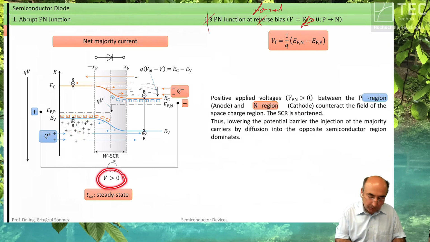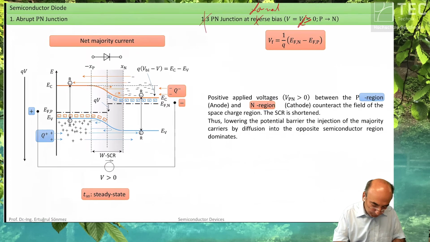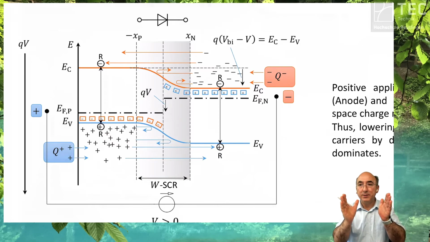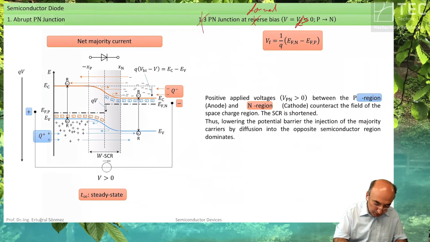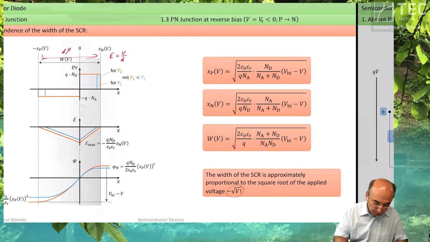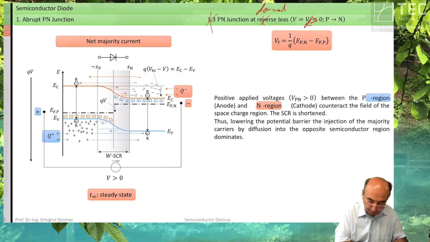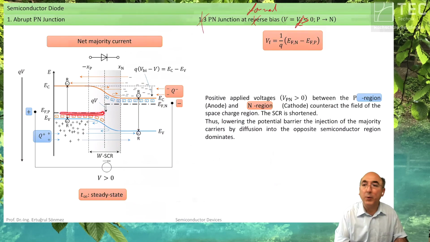But the applied voltage is again absorbed in the space charge. Now, what you see, the space charge region is reduced. So this change: the left side, the P area was up. Now the P area is down.